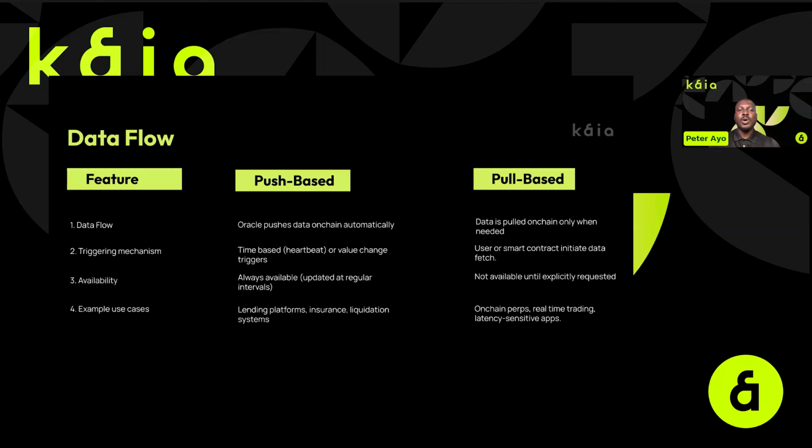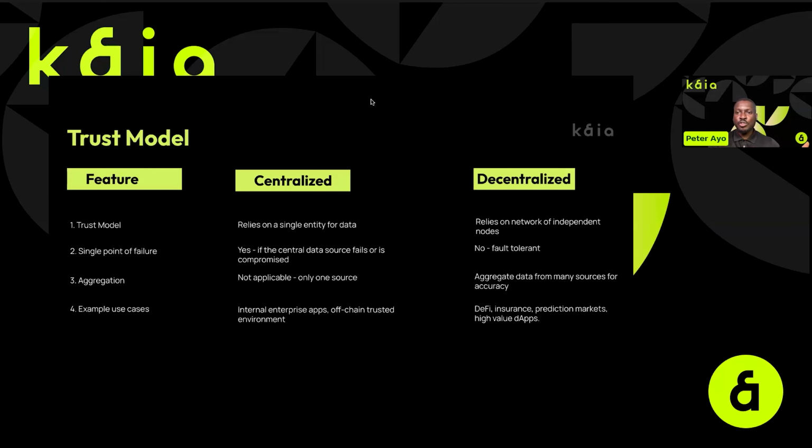Moving on, we also have trust model. Now, for trust model, it's basically categorized into two: centralized Oracle or decentralized Oracle. Now, when we say something is centralized, it means that it relies on a single entity for data. And trust me, when we rely on a single entity for data in the blockchain world, there's every tendency for a single point of failure, right?